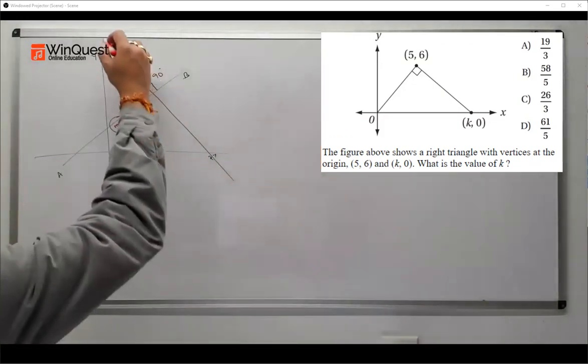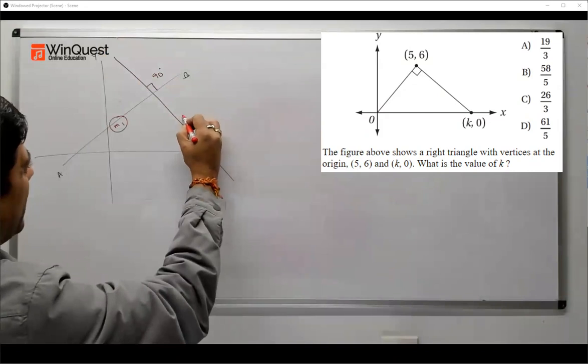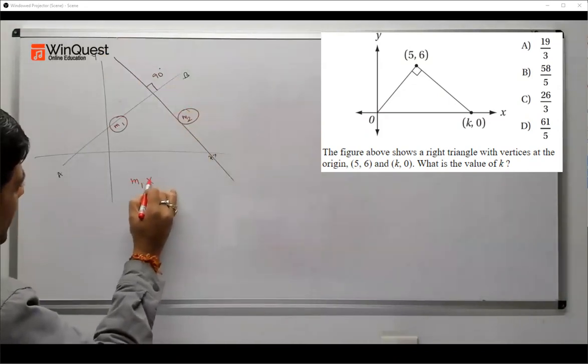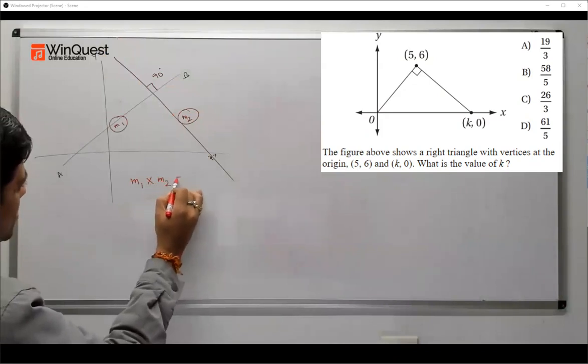If this line has a slope m2, then the relationship between these slopes is m1 multiplied by m2 equals -1.